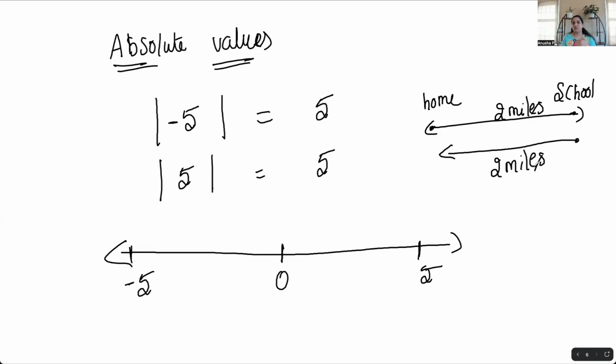From your house to the school it is 2 miles, and the way back is also 2 miles. That's why the absolute value of a positive number is positive, and the absolute value of a negative number is also positive. And the absolute value notation is represented in between two parallel lines.